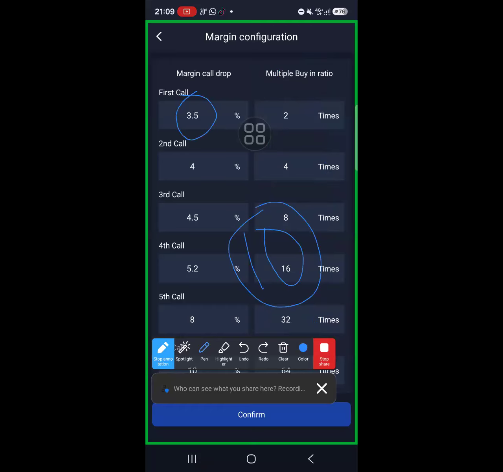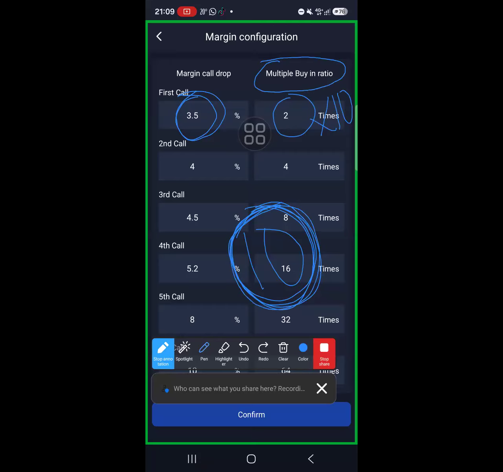After it has dropped by 3.5, let's say that we did not edit the $10, it is still using $10, so it is going to use $10 times 2. When we talk about multiple buy-in ratio, it means 2 times 10, if we are still using $10 on the first buy-in amount.